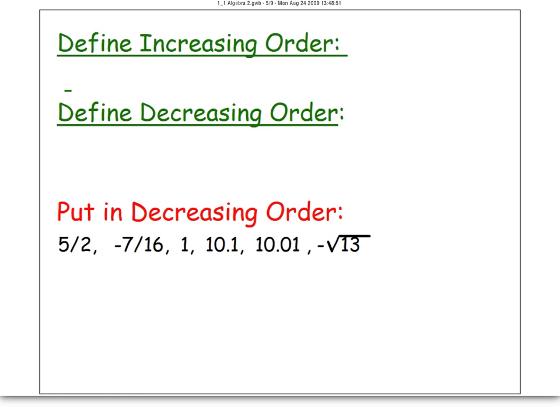And then the next largest, if you think of it in terms of temperature, negative 0.4 is warmer than negative 3.6. So this negative 7/16 is the next largest. And then the last one is the negative square root of 13. If it had asked for increasing order, I would have listed this first, second, third, fourth, fifth, and then sixth.